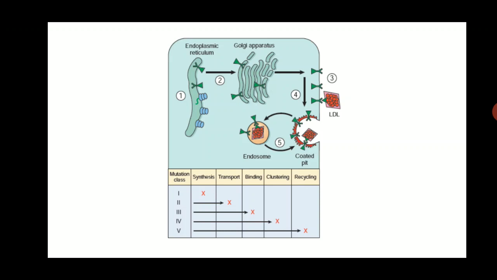After which, if the LDL fails in forming a complex with the lysosome, the disease is termed as class 4 hypercholesterolemia. A defect in the recycling will be known as class 5 hypercholesterolemia. All these classes ultimately lead to increased levels of cholesterol in the body.